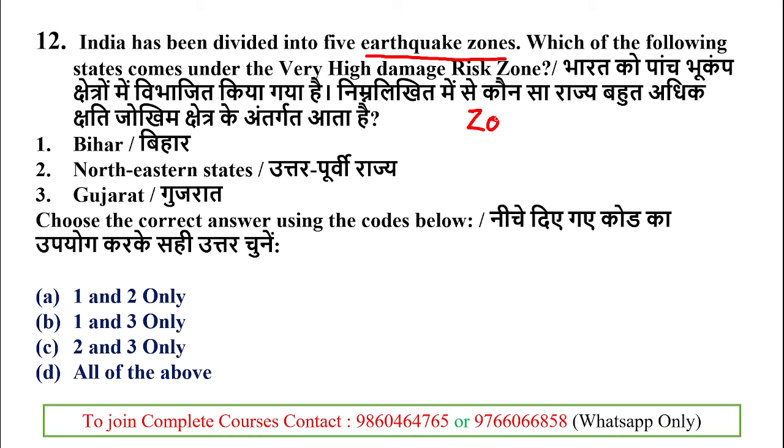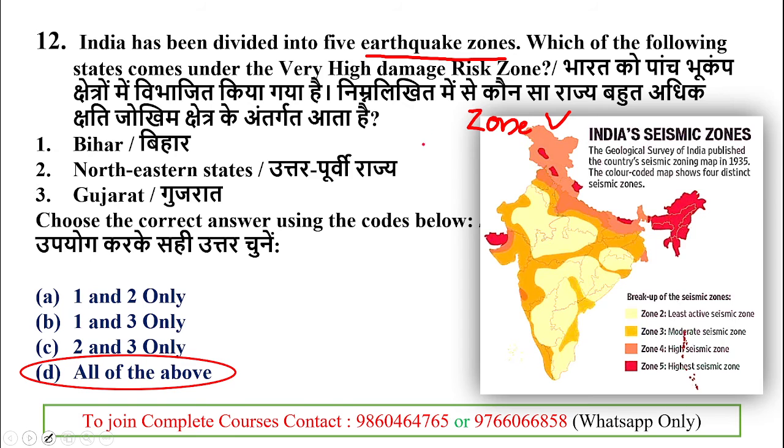The given states are Bihar, northeastern states, Gujarat. So the very high damage risk zone is zone 5, and you can see the states that come under zone 5 on the map. This is the map, and the highest seismic zone is represented in red.